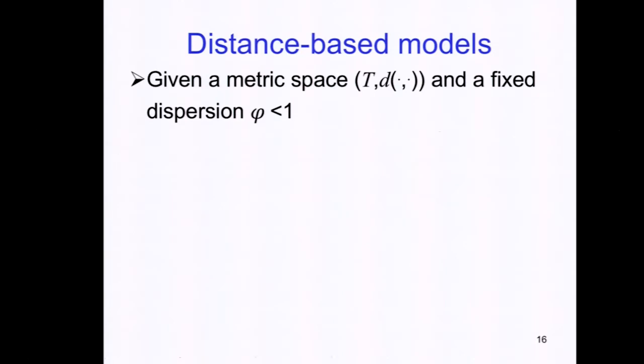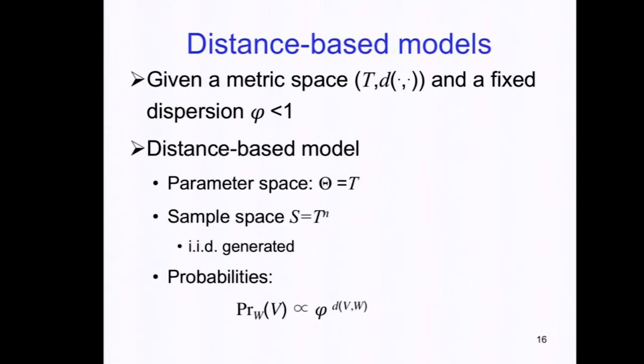So this gives you a whole set of models called distance-based models. Say the parameter space and the sample space are all composed of rankings. Now, given a metric space T, for example T can be a set of rankings, and a distance metric D over it that measures how far away each pair is, and a fixed dispersion parameter, everything else is pretty much the same.